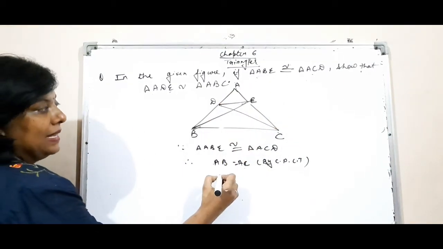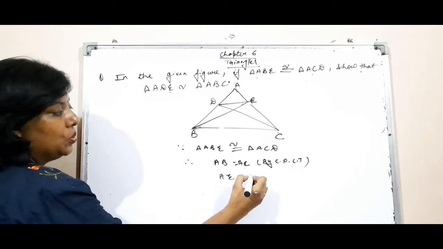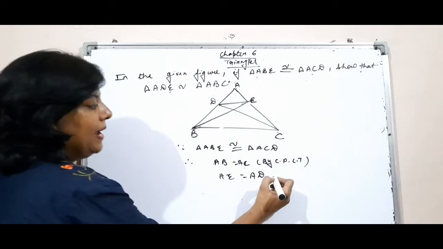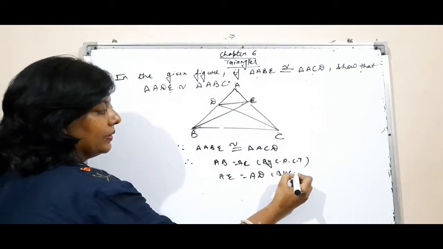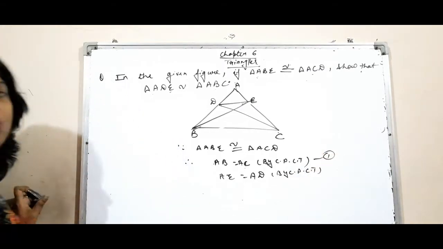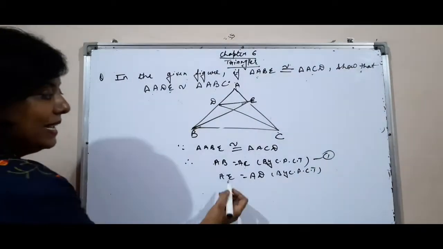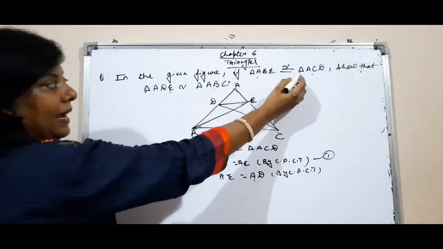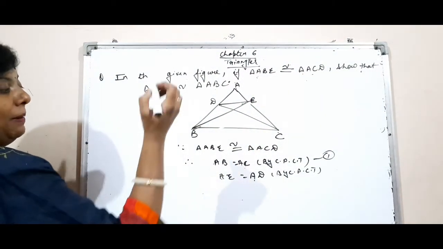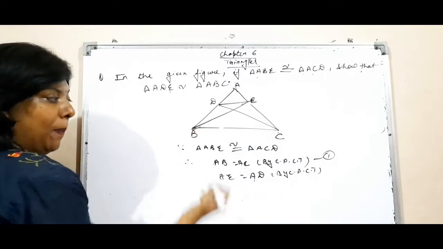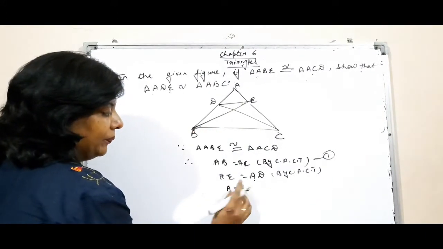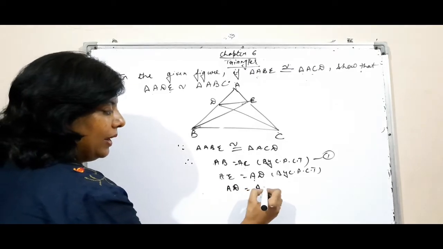तो क्या होगा हमारे पास? AE equals to AD by CPCT. But one more thing you have to keep in your mind. It is AE equals to AD. AE और AD इक्वल है, लेकिन हमें क्या चाहिए? हमें चाहिए AD अपॉन AB. यानी कि इसे हम ऐसे लिख सकते हैं? AD equals to AE.